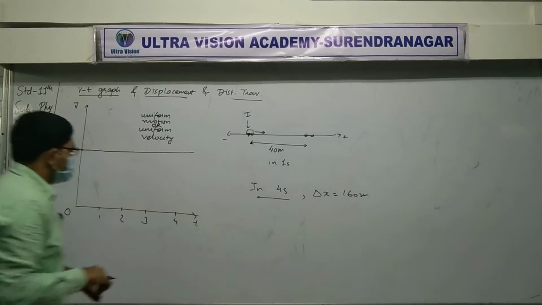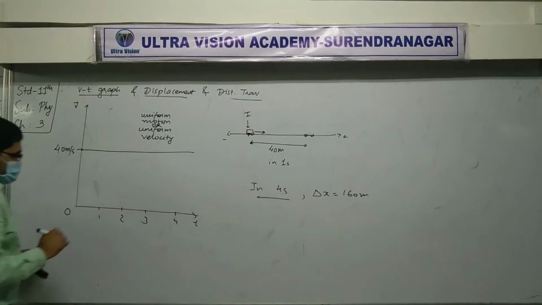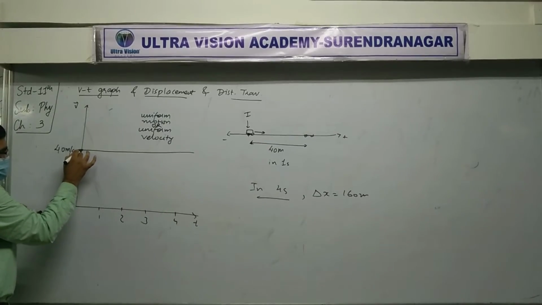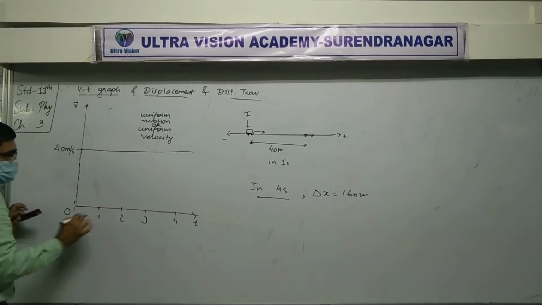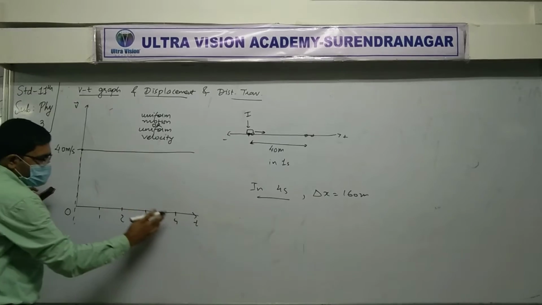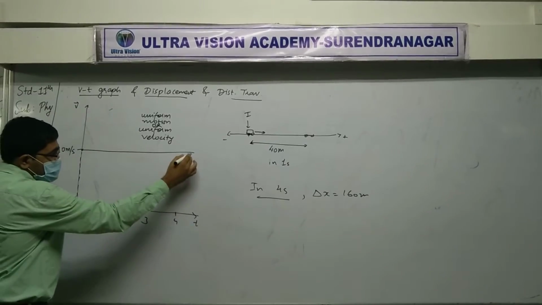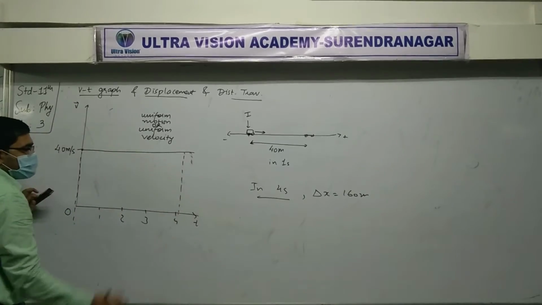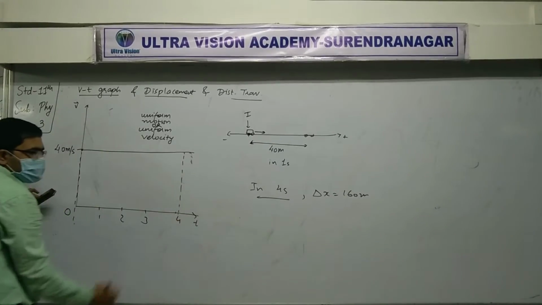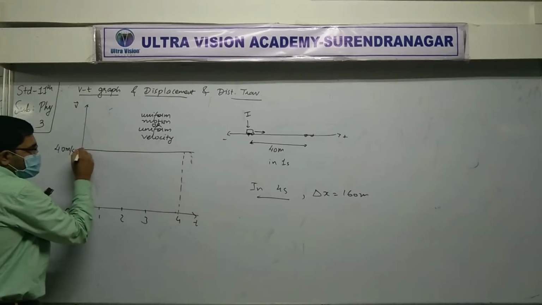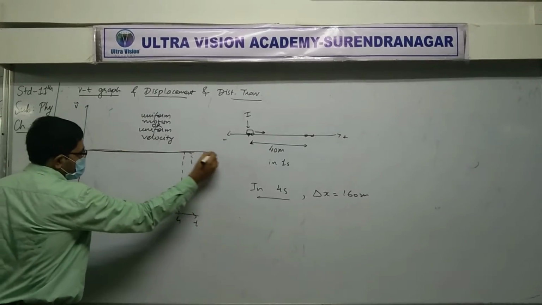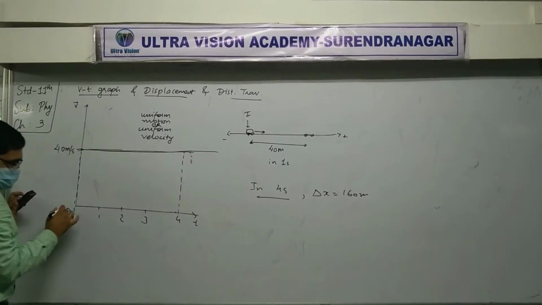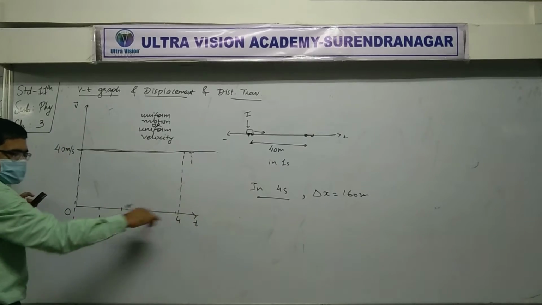Now, have a look at this. If I will mark out the area between 0 and 4, because we are talking about 4 seconds, on this graph, which is the VT graph, and here is the time axis, the axis is horizontal.